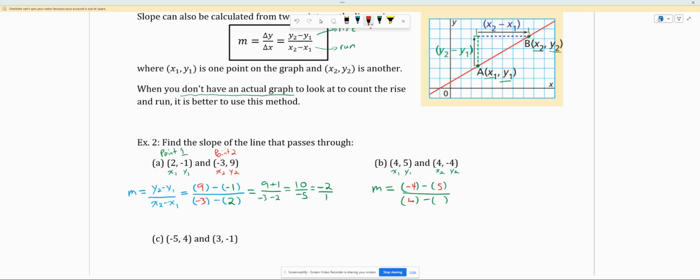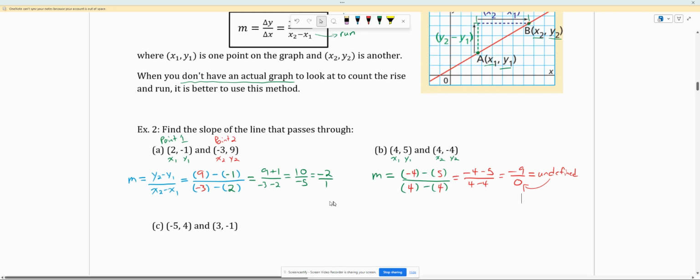And my x value is 4, and I'm subtracting 4 on that one as well. And you're going to see a situation here right away. Simplify first, and we're going to be left with 4 minus 4. Of course, this is -9 divided by 0. We cannot divide by 0, so this is undefined because of that. Okay, cannot divide by 0.